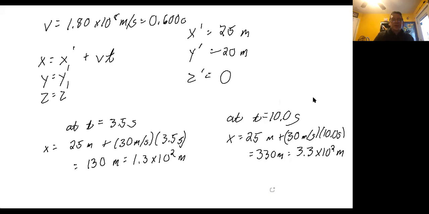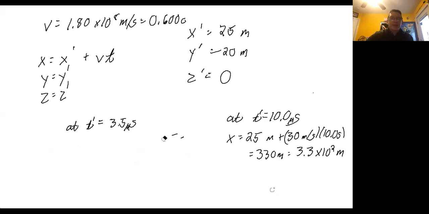We're going to assume that t primed is equal to 3.5 microseconds and 10.0 microseconds, and then everything else will fall into place.